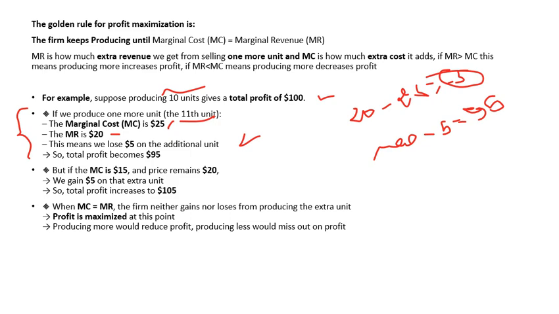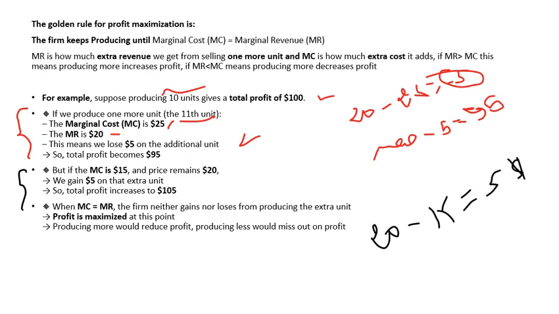Now let's see the second case. Imagine that the marginal cost, which means the cost of the additional unit, is only 15, and the firm sells the product at $20, which means 20, which is the revenue, minus 15, which is the cost, equals $5.